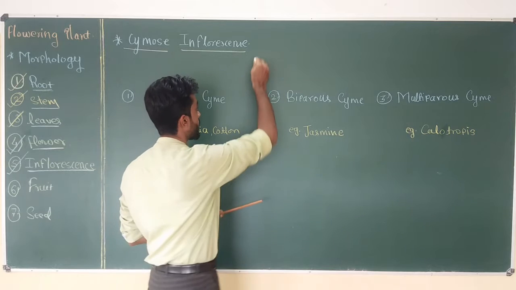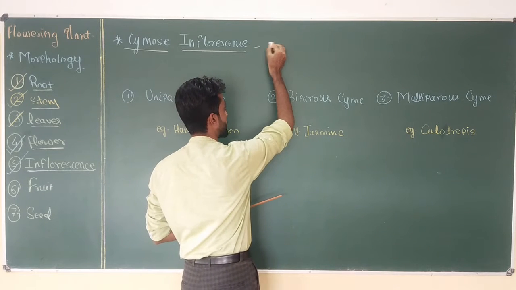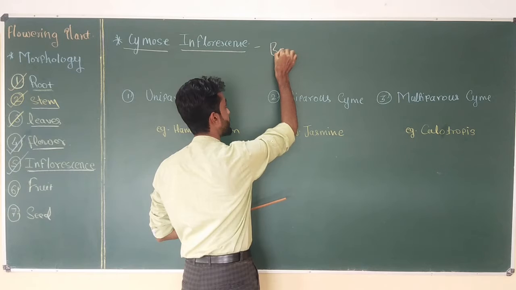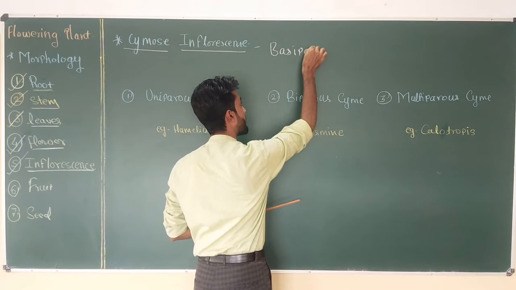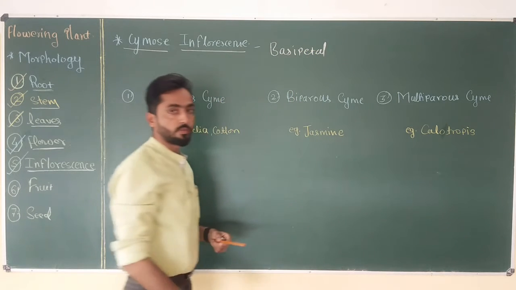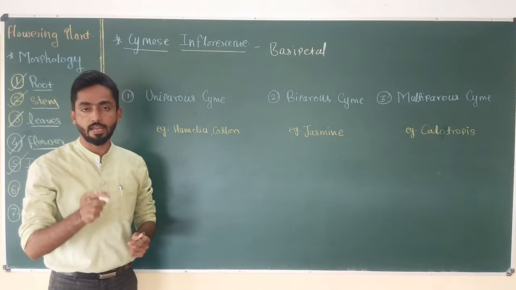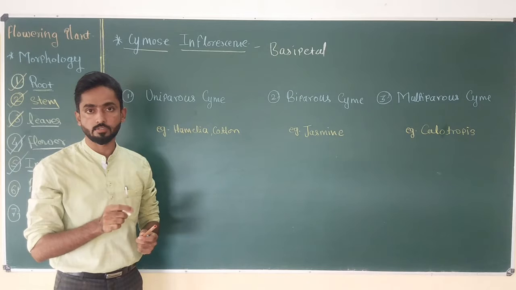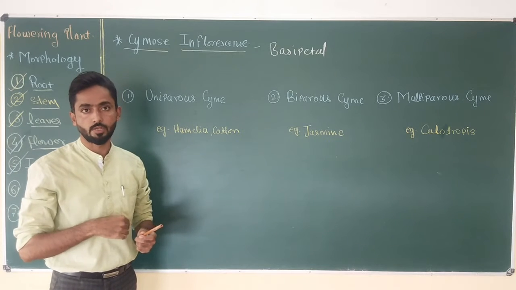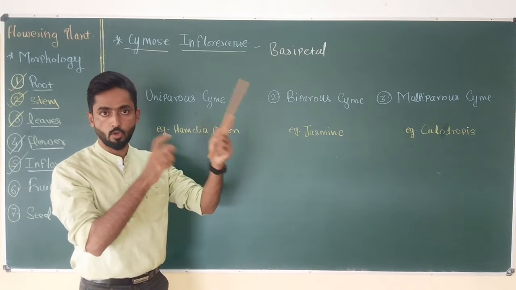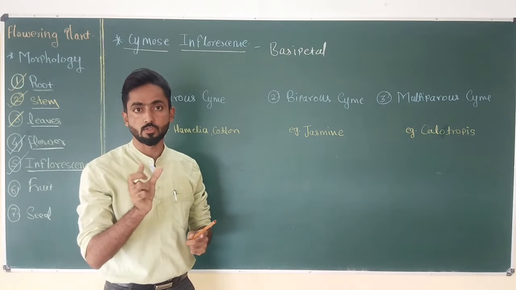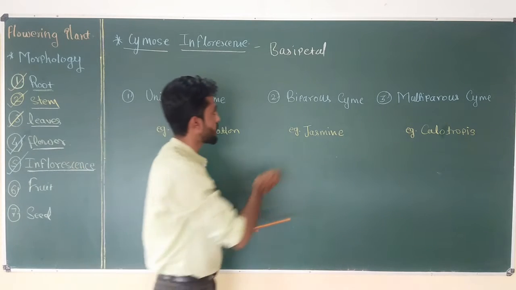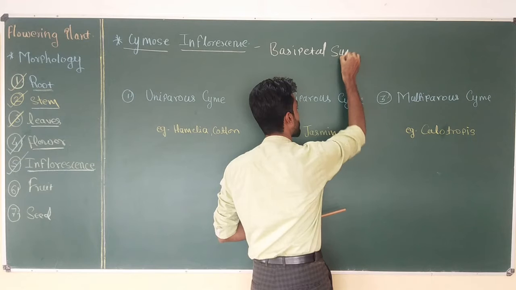That means the order of arrangement of the flowers in this case is basipetal. That means the old flower is present at the apex or at the tip of the peduncle, while younger flowers are present at the base. When we move from top to bottom, the flower size goes on decreasing. So it is called basipetal succession.